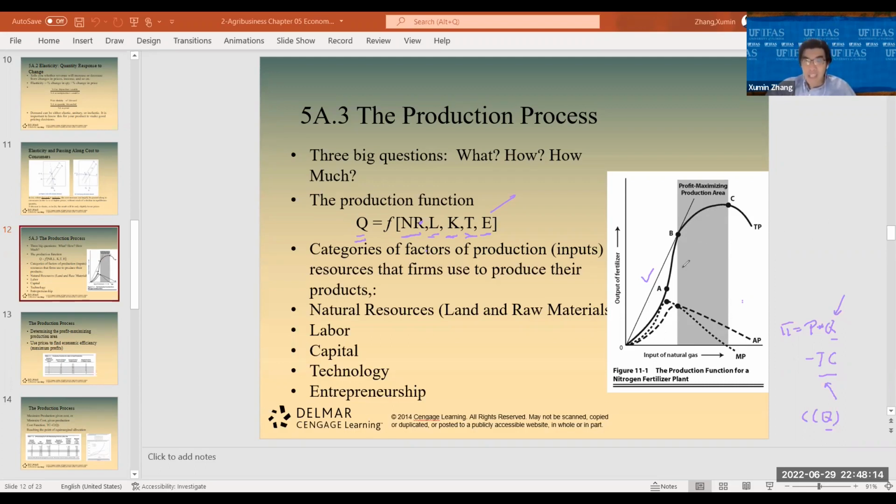Our productivity increases very strongly, okay? And then it will slow down. That means our company, our operation becomes too big. It becomes less productive. Although I don't know the exact point or the quantity, I should find the Q star. But since I don't know yet, I assume the profit maximizing area will be here.